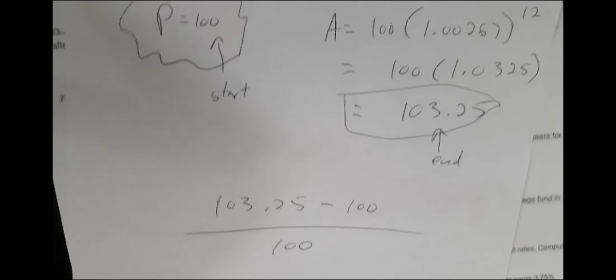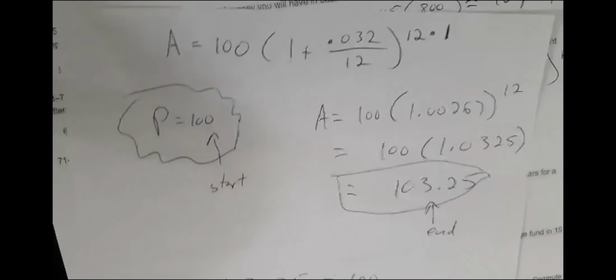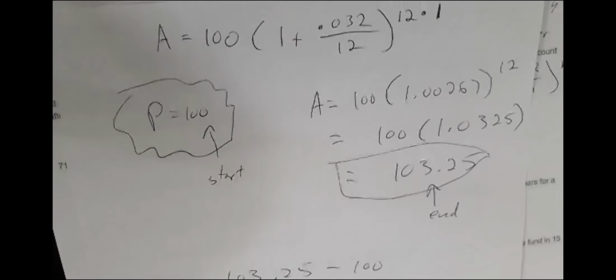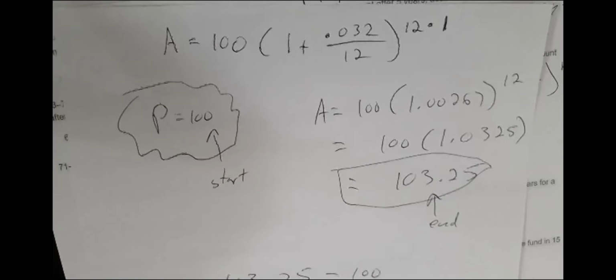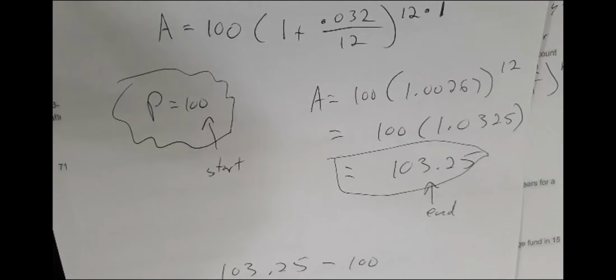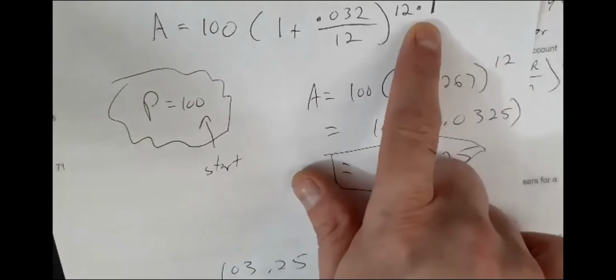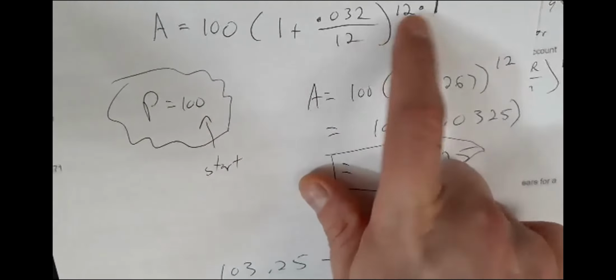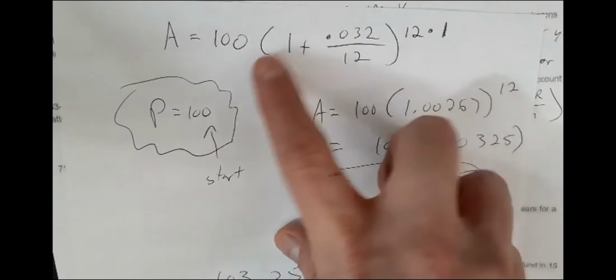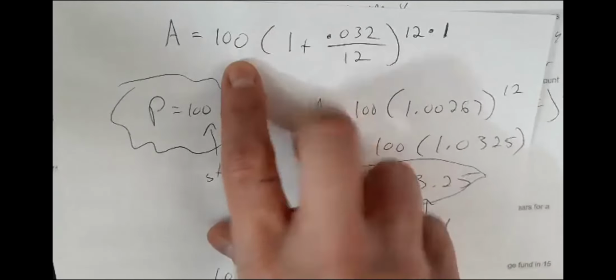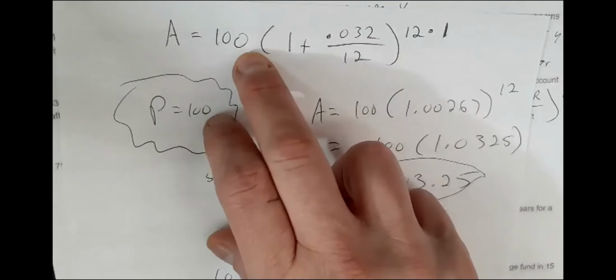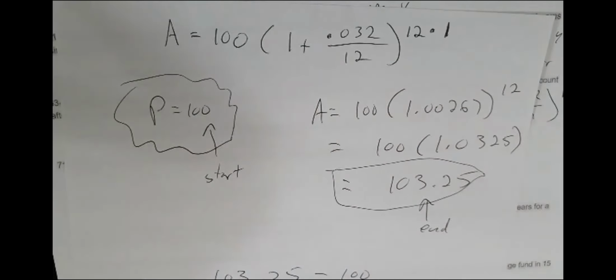So annual percentage yield is like asking if we go for 1 year, what would my APR be, right? Or what is my relative change? So what we do is we plug it in for 1 year. We know this is 12 months. We know our APR is 3.2%. The only other thing that they give you an option on is this P, right? So if you wanted to let it be 1, you could.